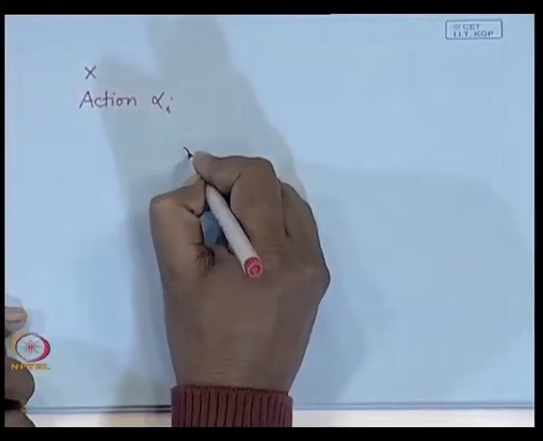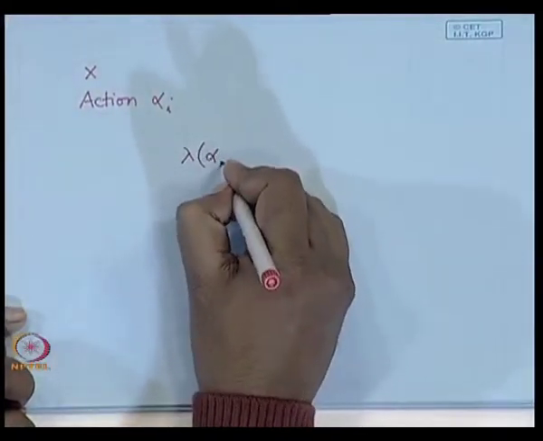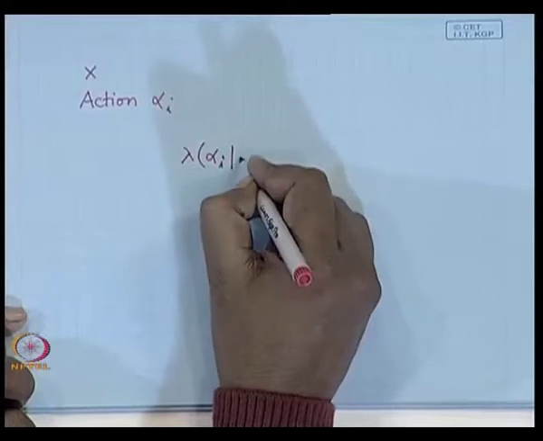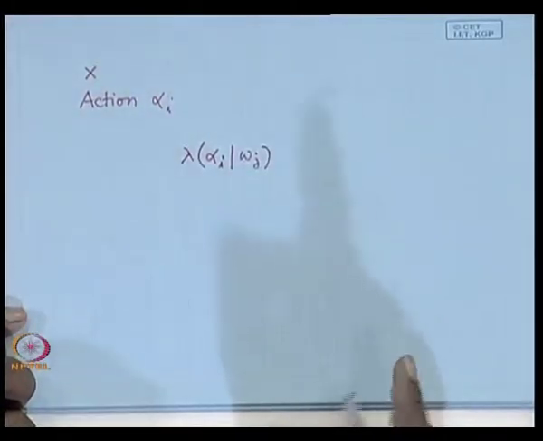If the true state of nature is omega j, I incur a loss which is given by lambda of alpha i given omega j. And given the probability that the true state of nature is omega j given the feature vector x, the average loss or the average risk can be computed like this.